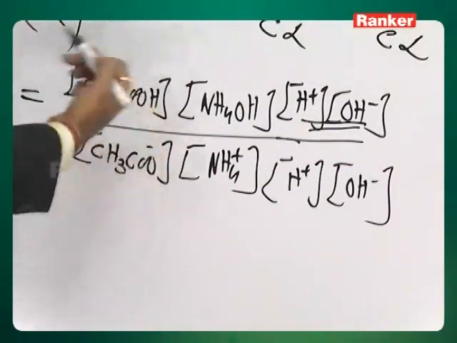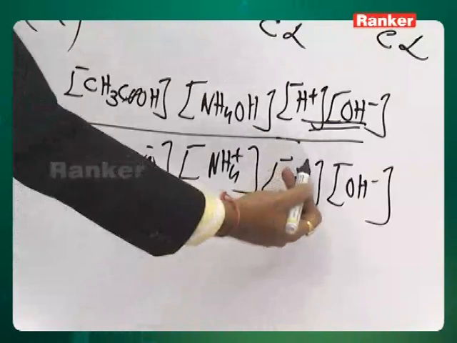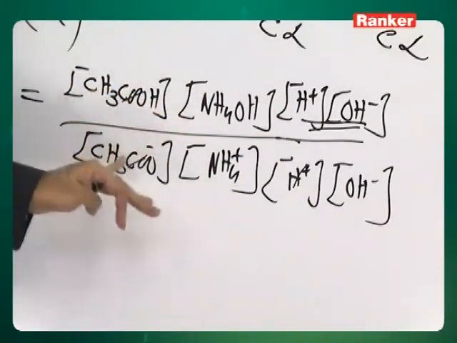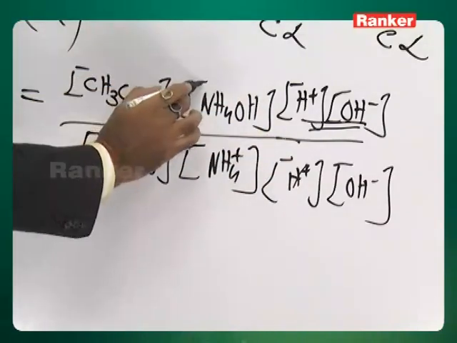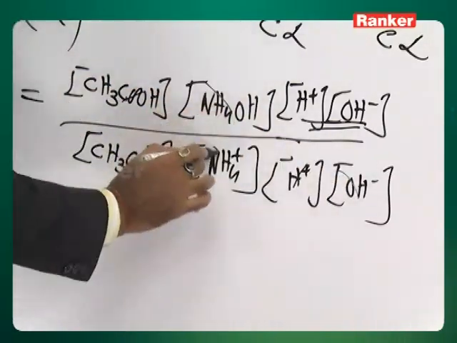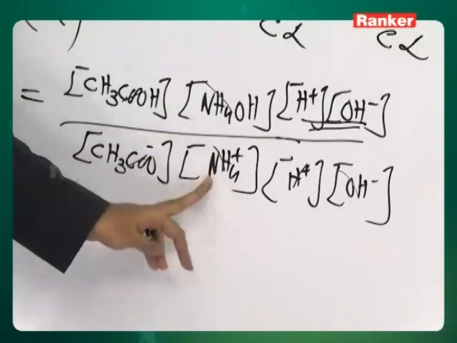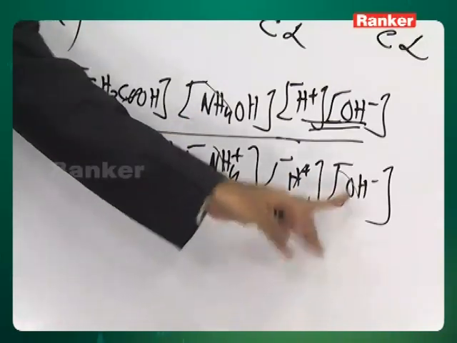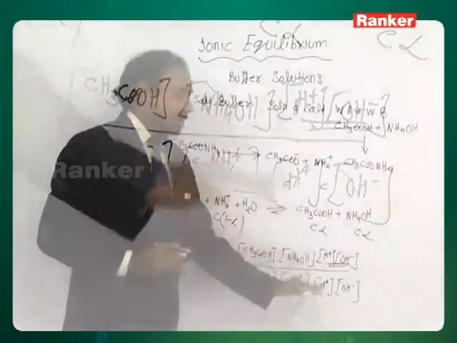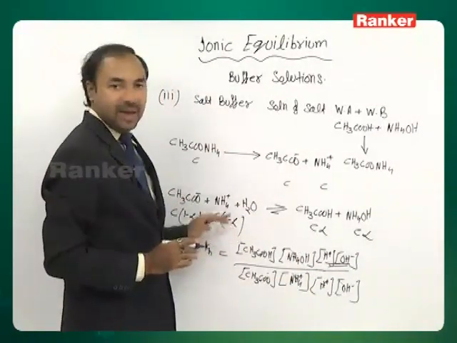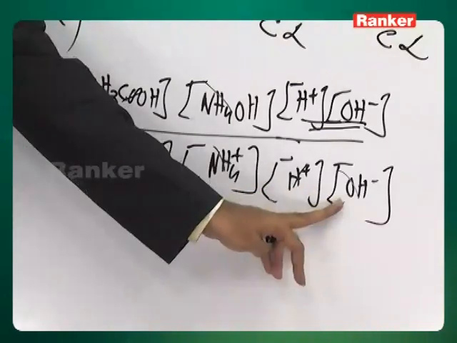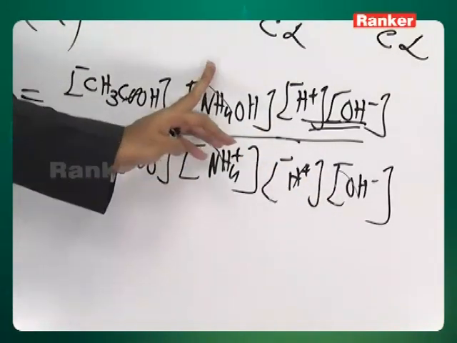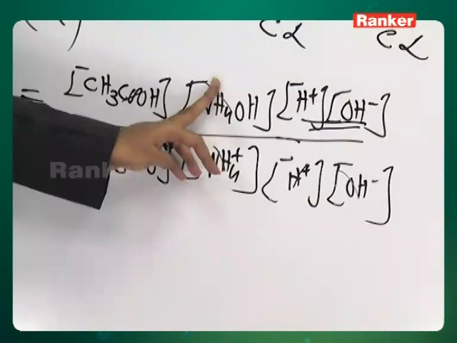Concentration of acetic acid, acetate ion, and H plus, if we take this part, this becomes 1 by Ka. And if you take this part, ammonium hydroxide, ammonium ion, and hydroxyl ion, this becomes 1 by Kb. If you write equilibrium separately, at that time, Kb will be equal to ammonium ion into hydroxyl ion upon ammonium hydroxide. So here it is reversed. So we are putting it as 1 by Kb.